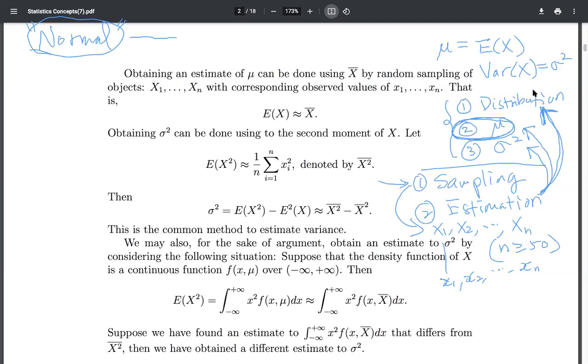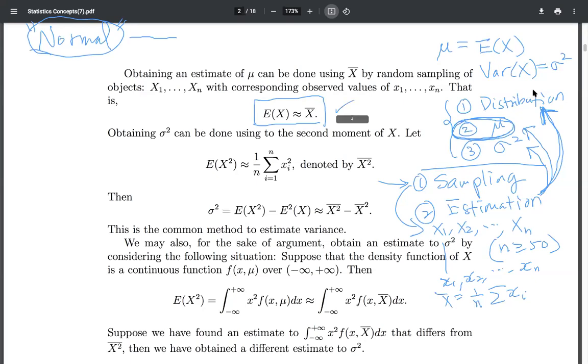Then I can use that as the estimated expected height of this entire population, and that is a pretty good measure. The average is just an arithmetic average, you just sum them up. That's X bar. So this is good.